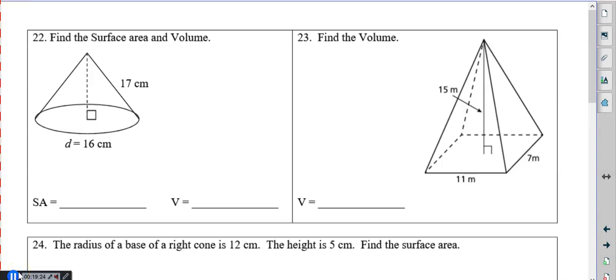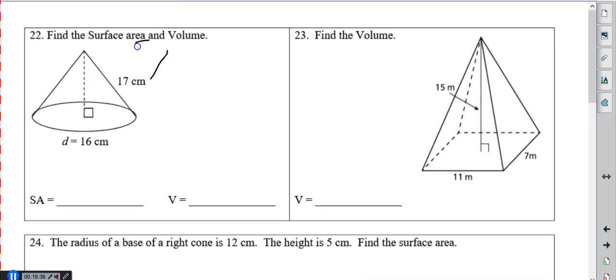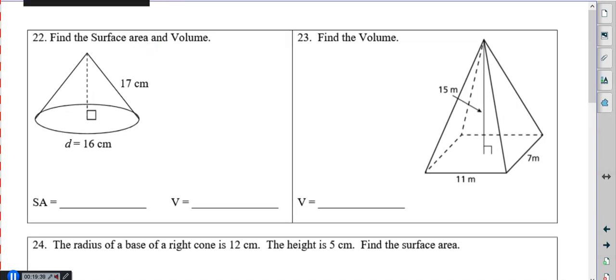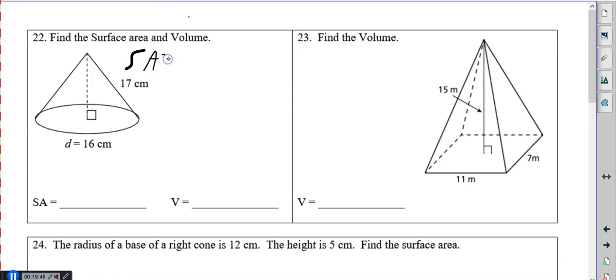All right, surface area and volume. Now remember, with surface area, you're trying to find the cone, but also the area of the circle base. So surface area is pi r squared, so that's the circle part, plus pi r L. Okay?